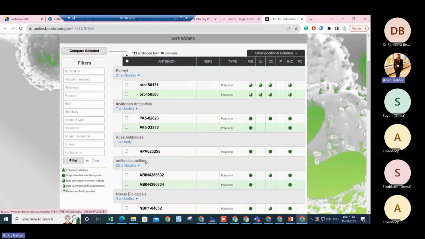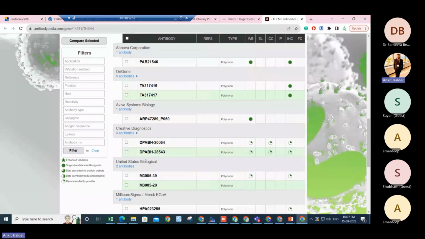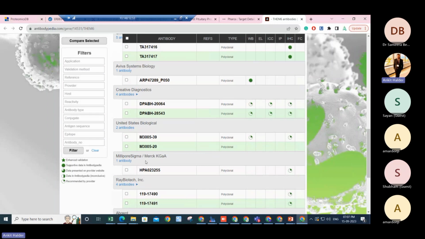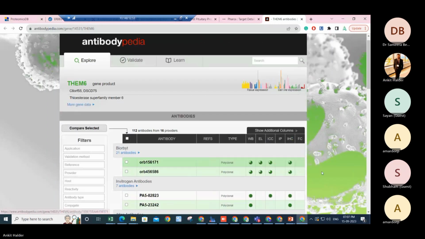Okay, so those six antibodies, you can see that different companies have different antibodies against it, be it polyclonal, monoclonal, etc. So if you are really curious to know and you have identified a certain protein and want to validate it, you can find out.